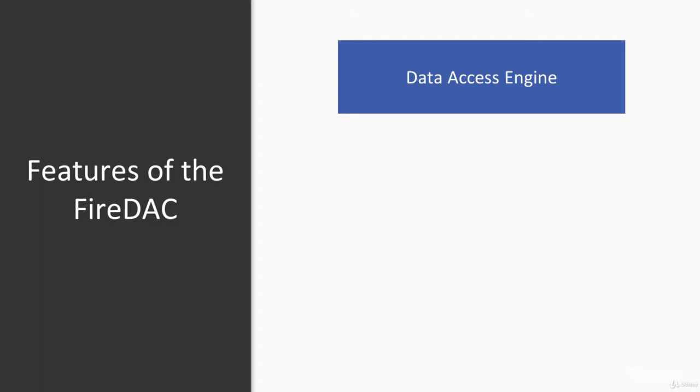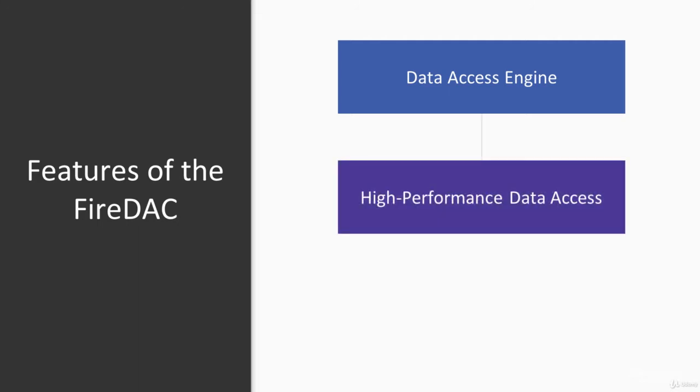FireDAC is easy to use, with TDataSet descendant classes including TFDQuery, TFDMemTable, TFDStoredProc, and TFDTable. These dataset classes are highly compatible with the original BDE datasets and client datasets, with a local SQL engine for executing SQL queries against datasets. FireDAC also has Array DML, command execution, and command batches for batch applications and for minimizing network traffic.